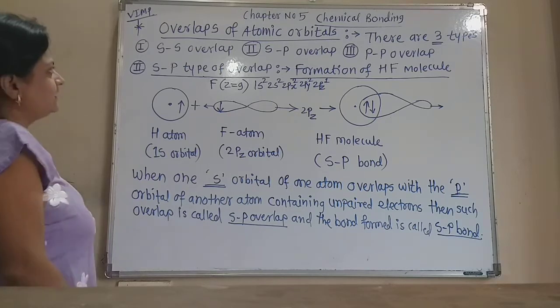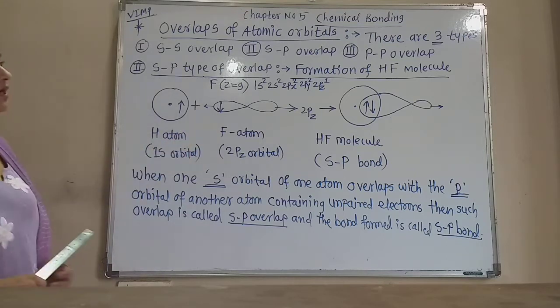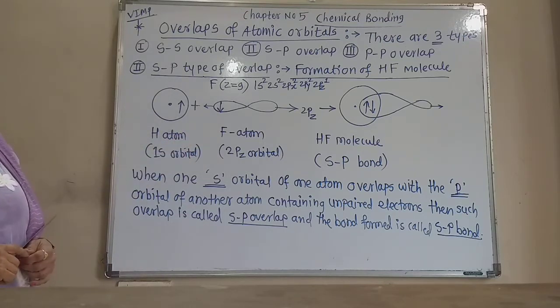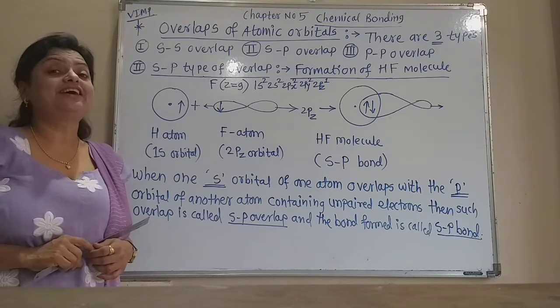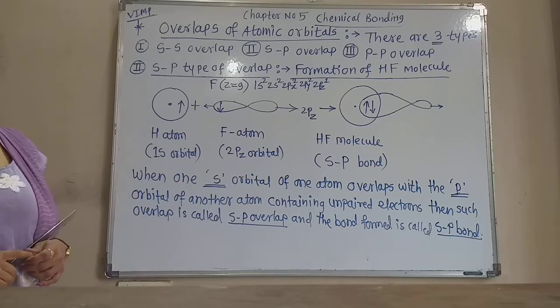Now see the second type of overlap, sp type of overlap. The best example of the sp type of overlap is the formation of hydrogen halide molecule. Here the formation of HF molecule is there.